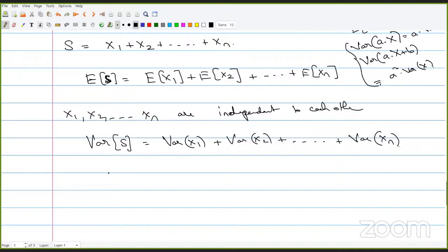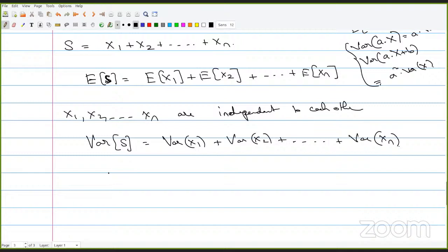Sir, here we are discussing only the sum. Why didn't we discuss subtraction? Subtraction is just the inverse of addition, right? So covariance being zero is a weaker condition than independence, right?